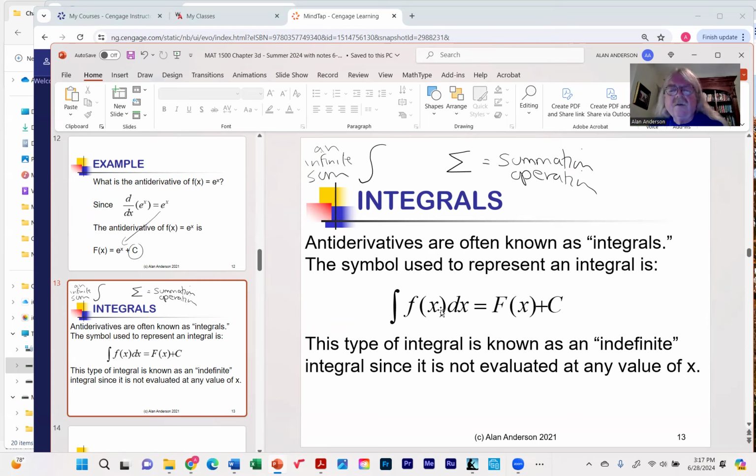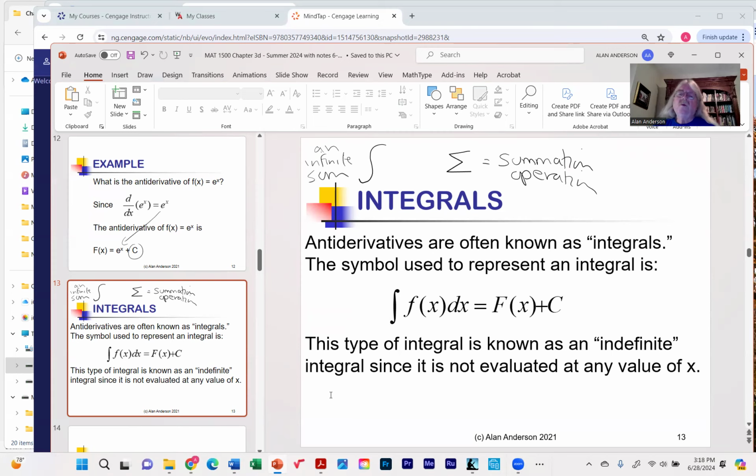So to integrate our original function, it's written with this dx, and again, you'll see why when we formally introduce this idea in chapter 4. What you're seeing here are the areas of an infinite number of rectangles, and that brings us to the antiderivative or integral f of x plus c.